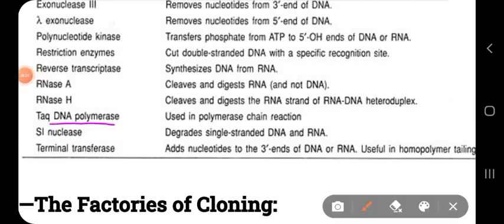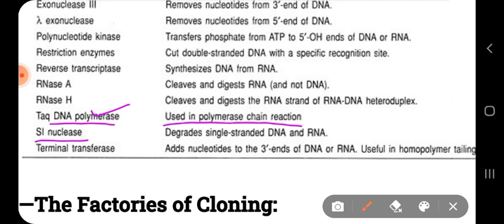Now, why have we obtained Thermus aquaticus DNA polymerase? Because they can withstand high temperature, and during polymerase chain reaction, we have to increase the temperature to denature the DNA fragments, separating them individually into two strands. That's why they are used in polymerase chain reaction, also called PCR.